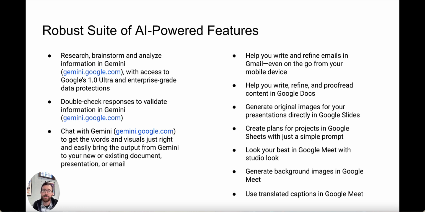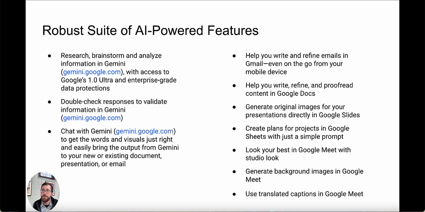Then there are the ways it integrates into the environment, like Gmail's Help Me Write and refine, Google Docs, and Google Slides to generate original images. Sheets has options for creating plans for projects and doing some other fun stuff. There are also a bunch of options and features for Google Meet to make your visuals look better, both for generating backgrounds and translating captions.